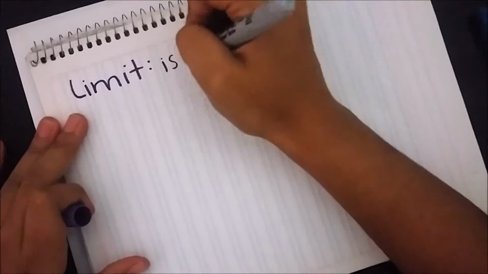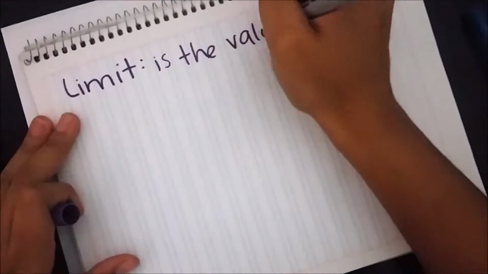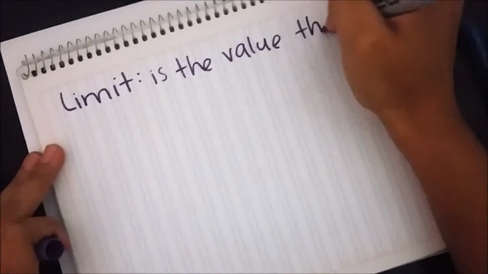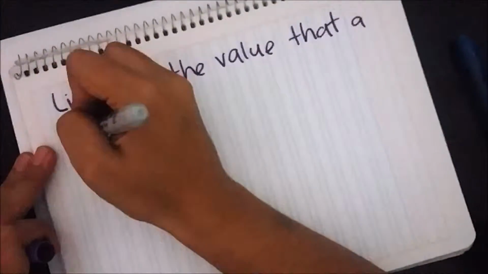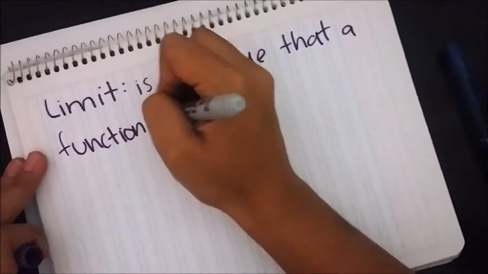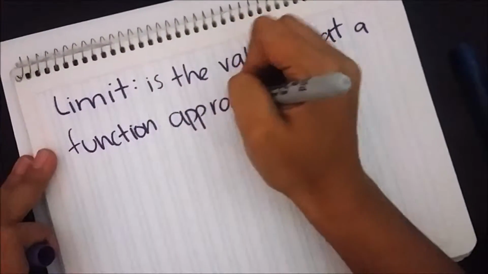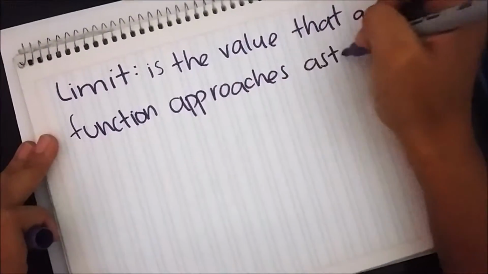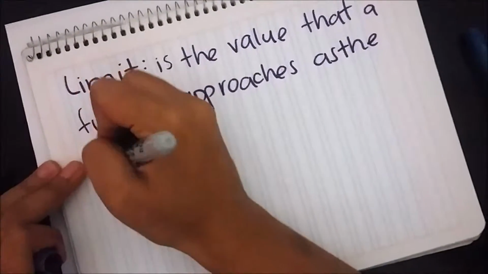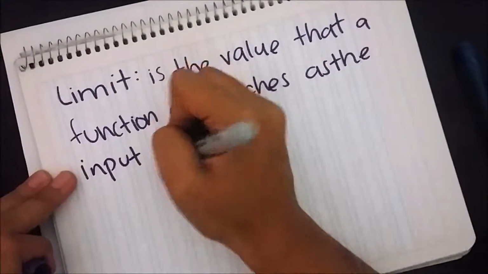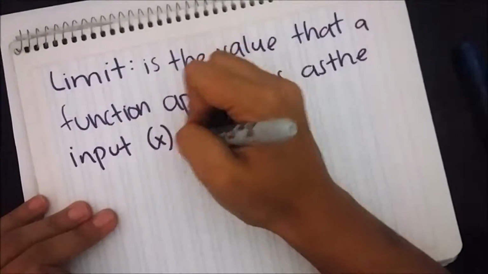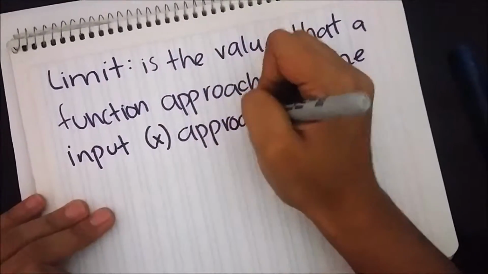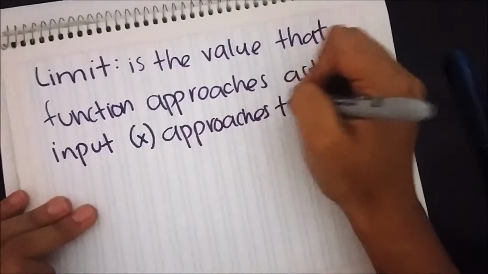First of all, what is a limit? A limit in mathematics is the value that a function approaches as the value of the input, in this case x, approaches again to some other value.